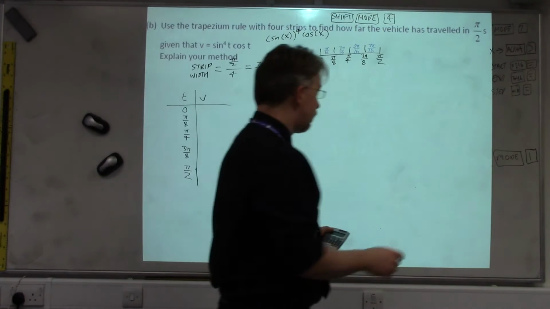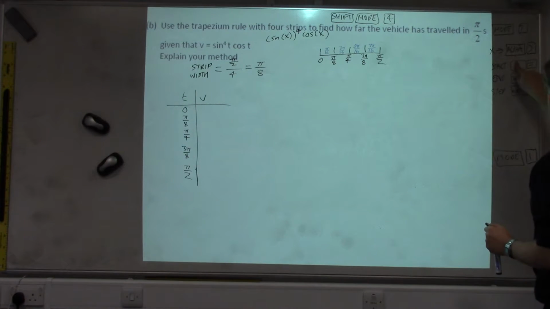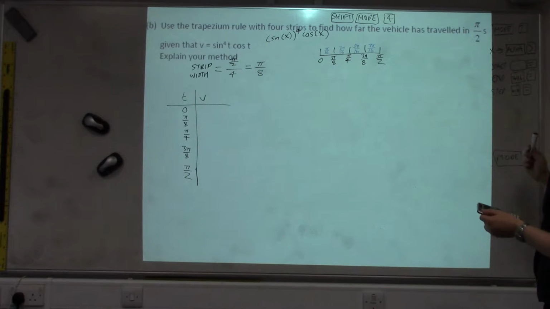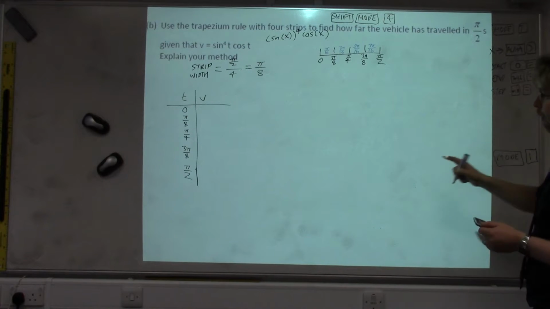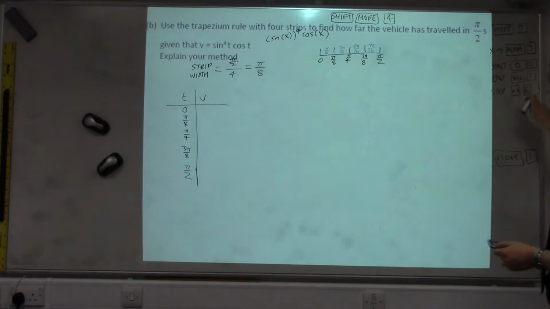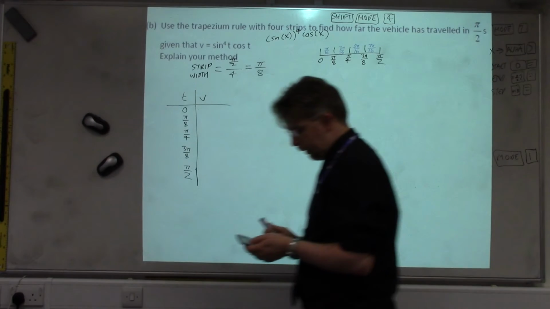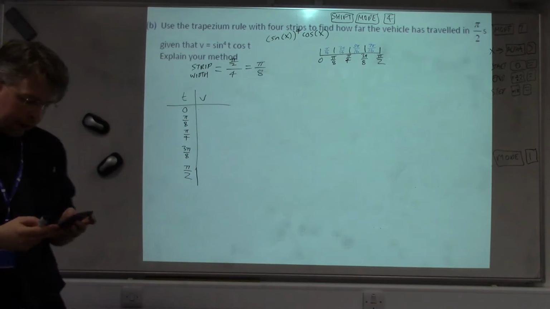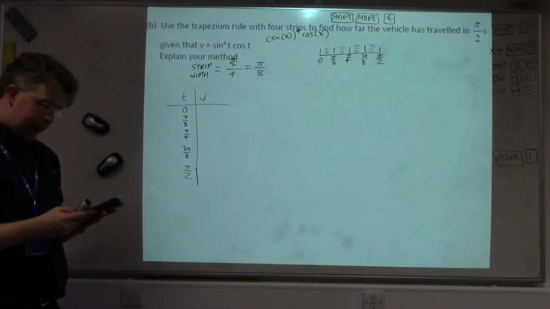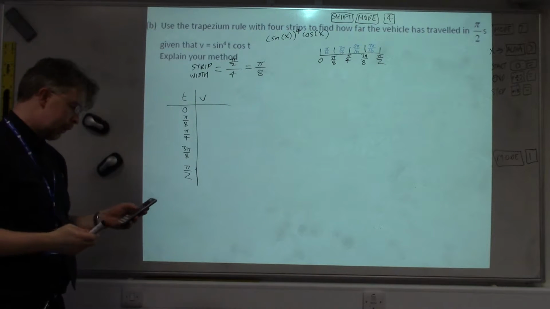We start at 0, we're ending at pi divided by 2, and the step is still pi divided by 8. So start 0, end pi divided by 2, step pi divided by 8, equals.